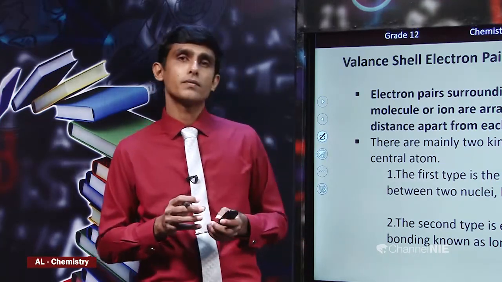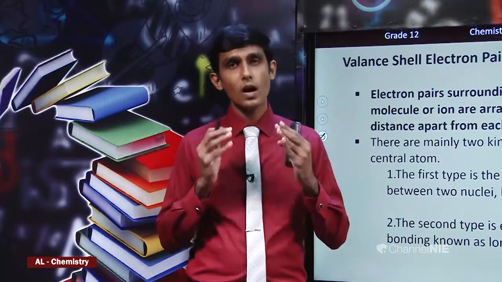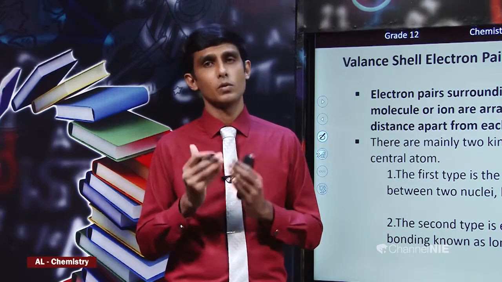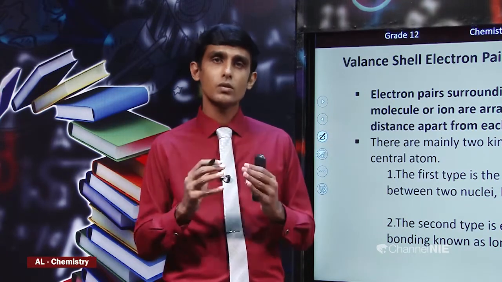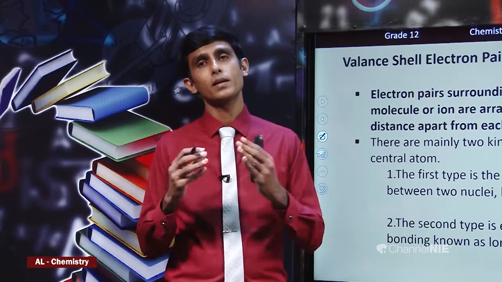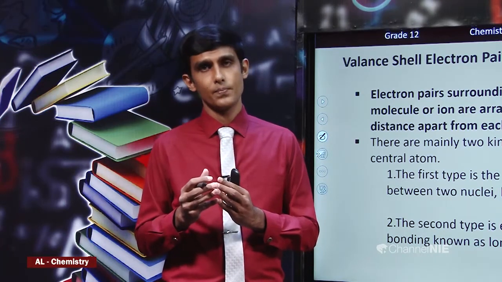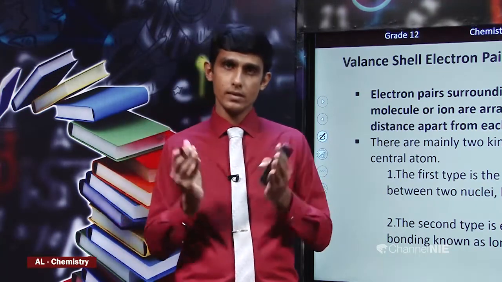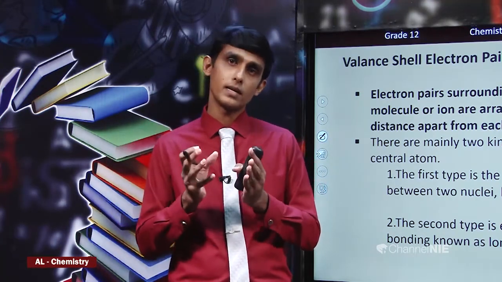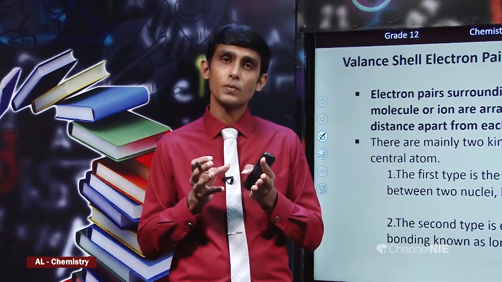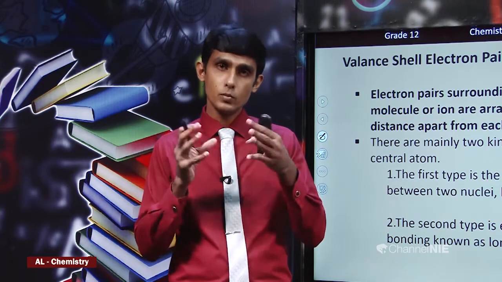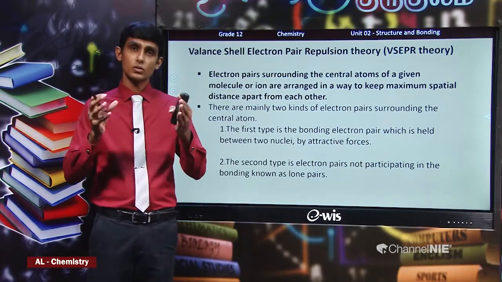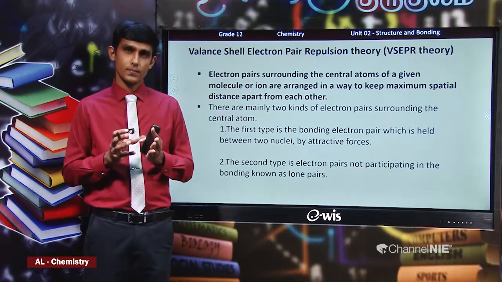Now, in this part we are discussing how to predict the shapes of these ions and molecules without experimental evidence, because anyone can measure bond angles, bond lengths, and thereby the shape of a molecule or ion experimentally in a lab using X-rays.